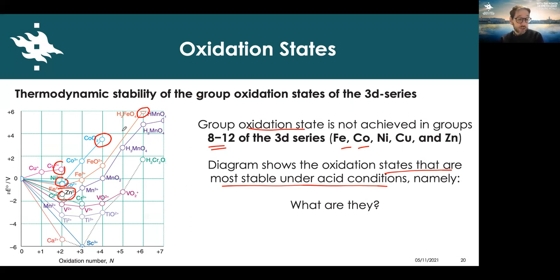But it can also tell us the most stable oxidation states for these elements, which is the first period of the transition metals, or the 3D series. So by looking at these diagrams directly, we can know which are the most stable oxidation states under acidic conditions. So what are they?